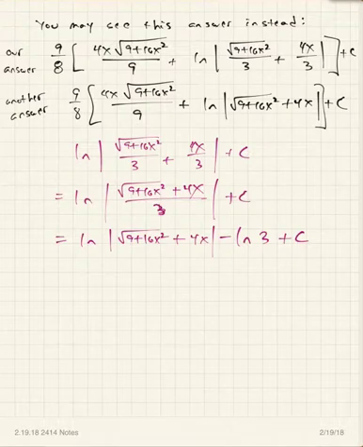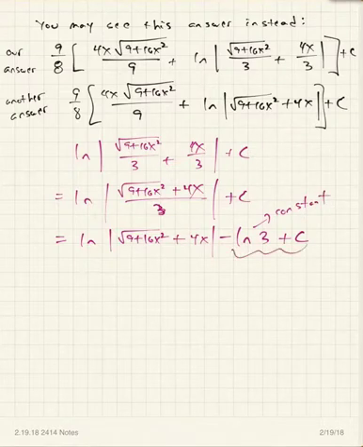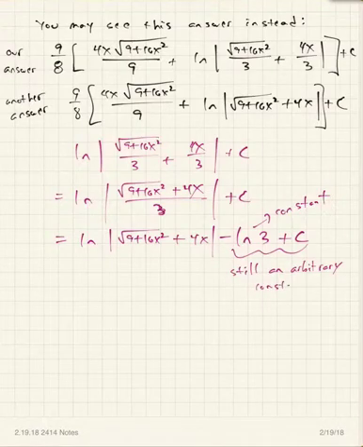See, that's the deal: natural log of 3 is a constant, and c is a constant. So what you're doing is combining c minus the natural log of 3, and you're saying that if c is an arbitrary constant, then c minus the natural log of 3 is still an arbitrary constant. And so what they do is they just combine them to write it in a somewhat simpler form, right?